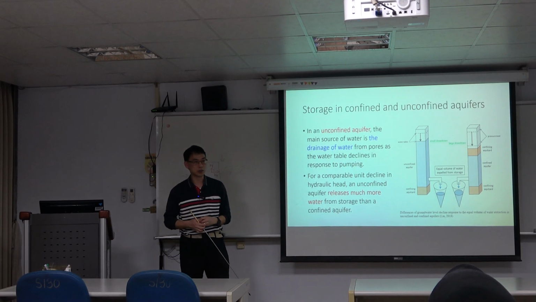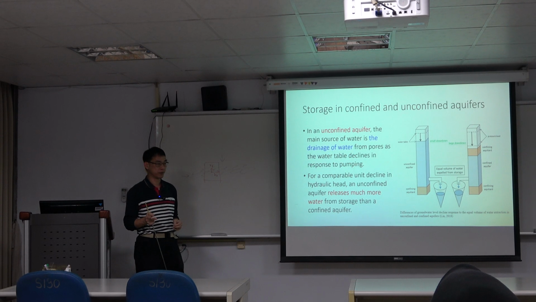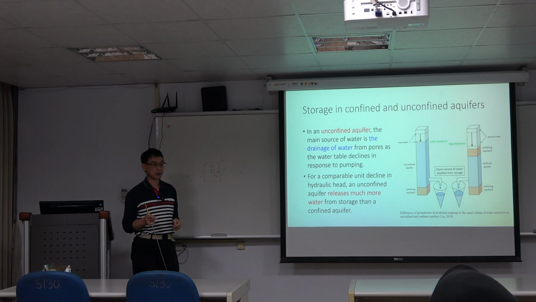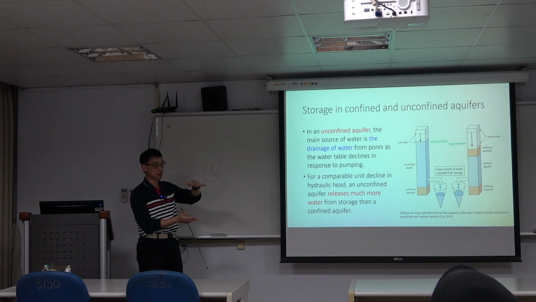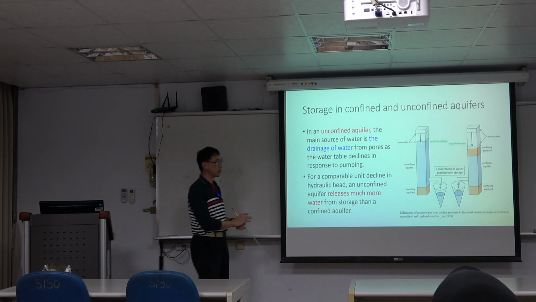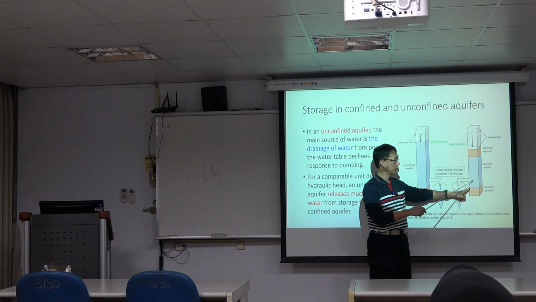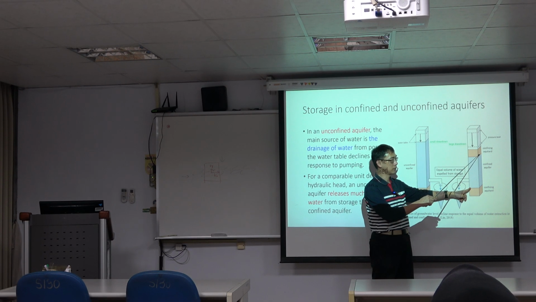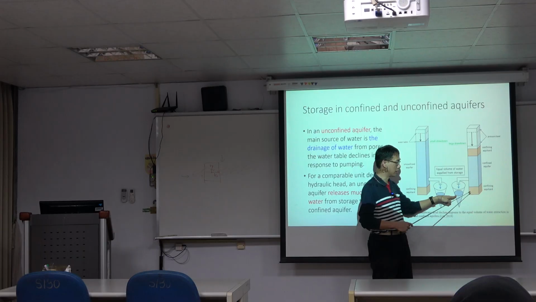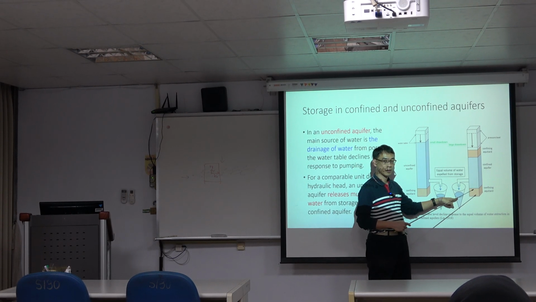So researchers use two mechanisms to describe this behavior. The first is that the matrix is compressed. Originally they might have 100 volumes, but after you take water, they become maybe 95. They compress by 5, so you can have extra water taken out.